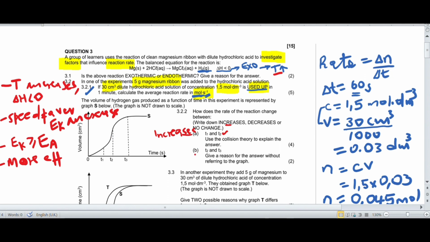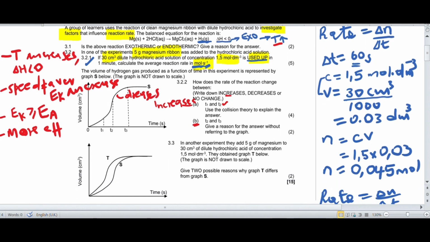Then let's look at this one. Between T2 and T3, the rate decreases here. The rate decreases. You can see it wants to become flat. The reason the rate decreases here is that the particles are used up. For example, if we talk about hydrochloric acid, there are few particles of hydrochloric acid.